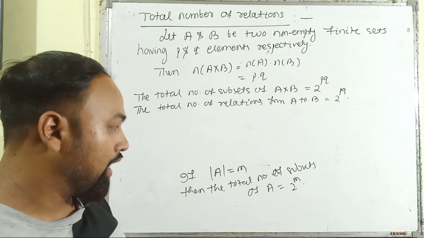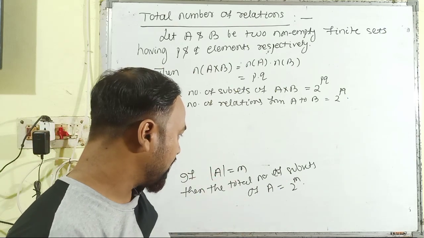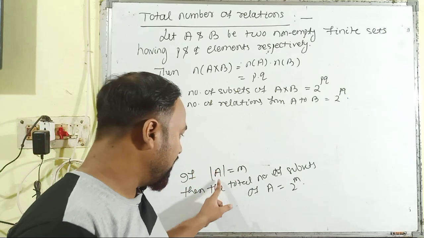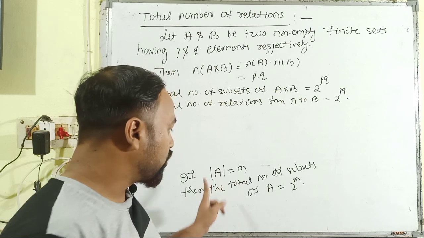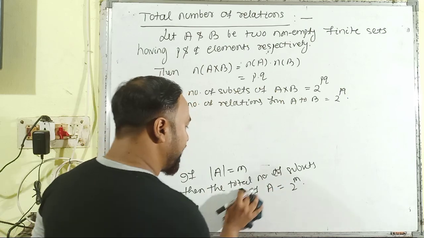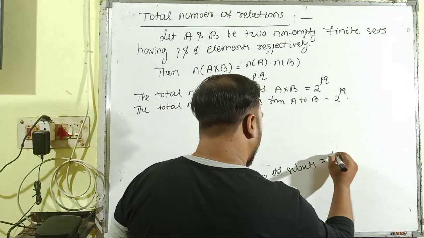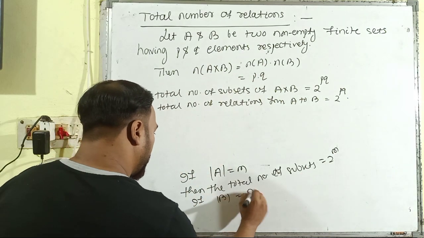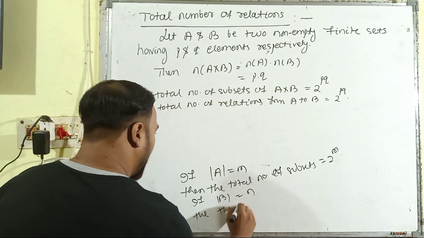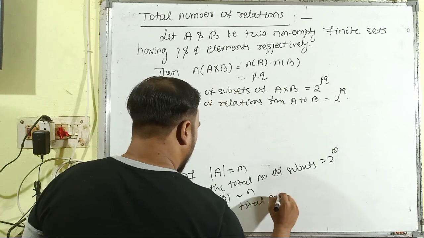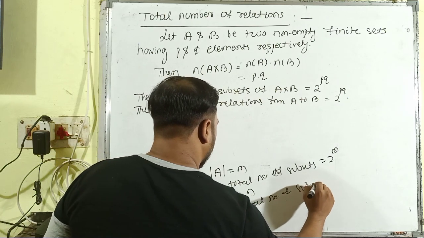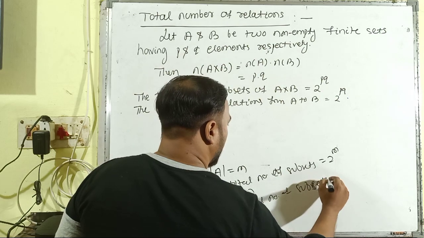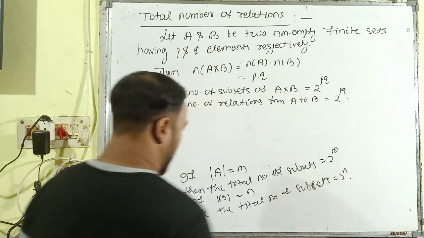So I have to remind you that if the cardinality of A is equal to m, then the total number of subsets of A is equal to 2 to the power m. Similarly, if the cardinality of B is equal to n, then the total number of subsets is equal to 2 to the power n.